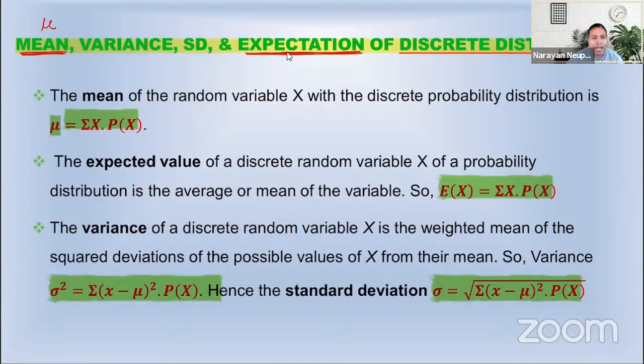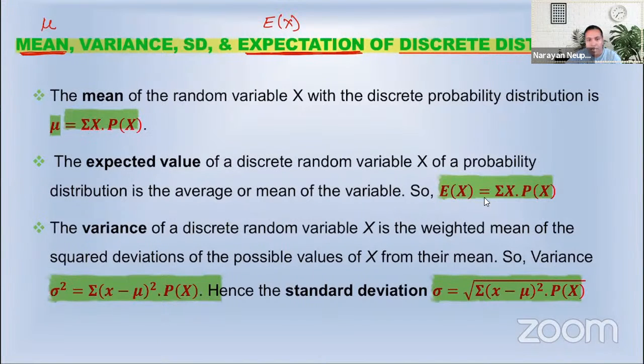If we talk about the expected value of the probability distribution, we write E of X. But both technically represent the same thing. That's why the formula for the mean is the sum of X times P of X. We are adding the products of X and P of X, so it is the sum of X times P of X.